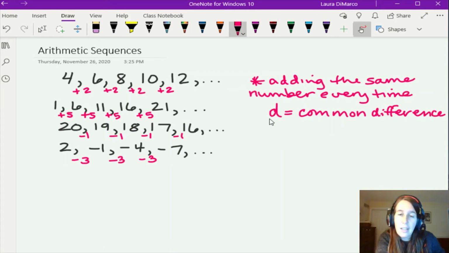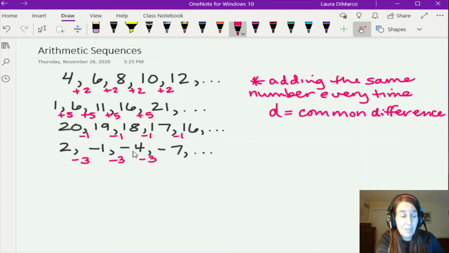And I know we're adding, but then difference means subtracting. But it's because the way we get the common difference is we take the next term in the sequence and subtract the previous one. So in other words, 6 minus 4 is 2. 2 is the common difference. 8 minus 6 is 2. 2 is the common difference. In this one, 21 minus 16 is 5. 5 is the common difference. It works with negatives as well. 16 minus 17 is -1. -1 is the common difference.